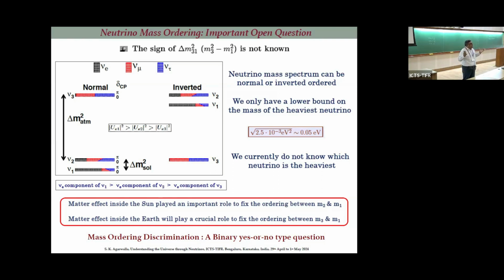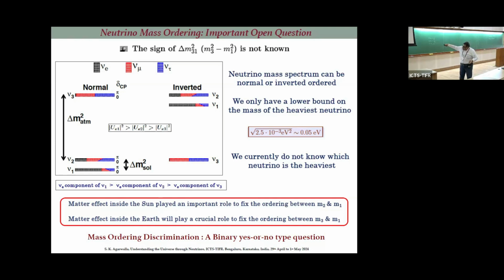So there are two ways at present you can resolve mass ordering. In terrestrial experiments, like atmospheric and long baseline, you exploit theta 1,3 and the Earth's matter effect, and you can distinguish between these two pictures. But in JUNO, which is a medium baseline reactor anti-neutrino experiment, they try to distinguish between delta m square 3,1 and 3,2. There is a subtle difference between delta m square 3,1 and 3,2, depending on whether neutrinos are normally ordered or inverted.